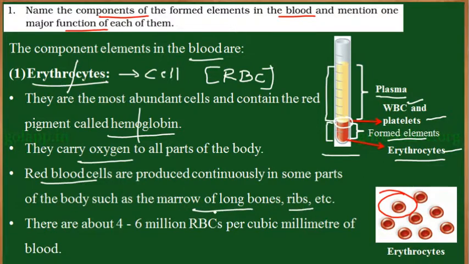They are found in the bone marrow of long bones, and they are also produced in the ribs. So normally the number of RBC should be around 4 to 6 million per cubic millimeter of blood. So its normal count should be around 4 to 6 million per cubic millimeter of blood.